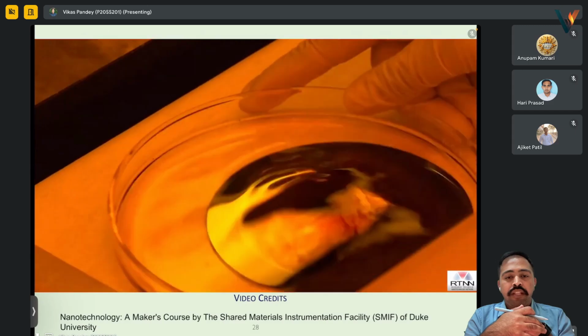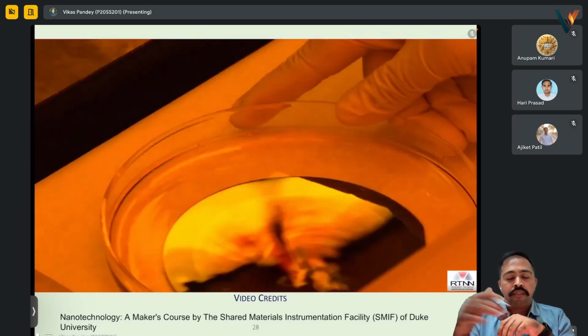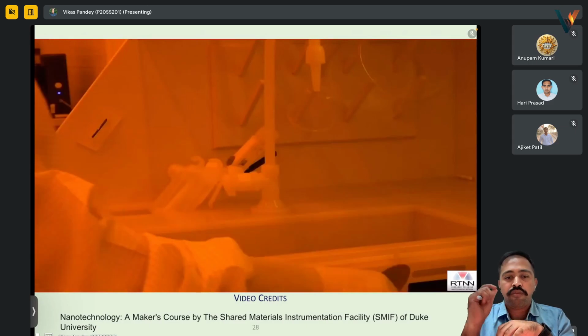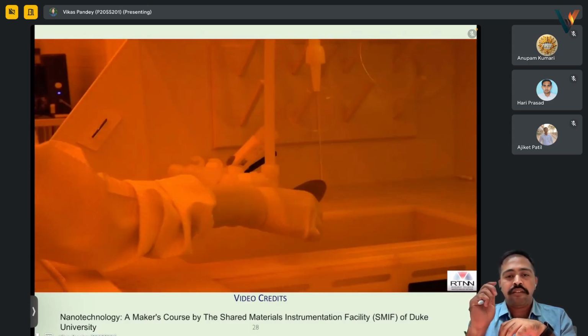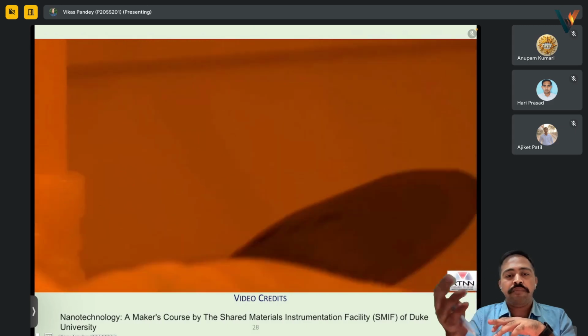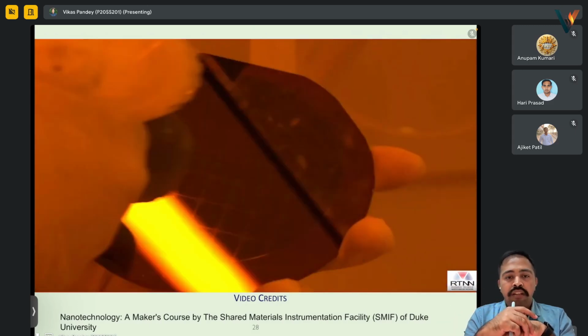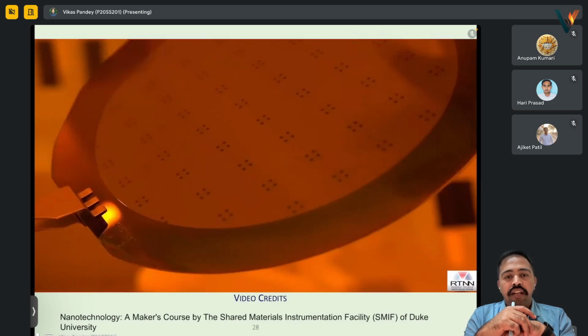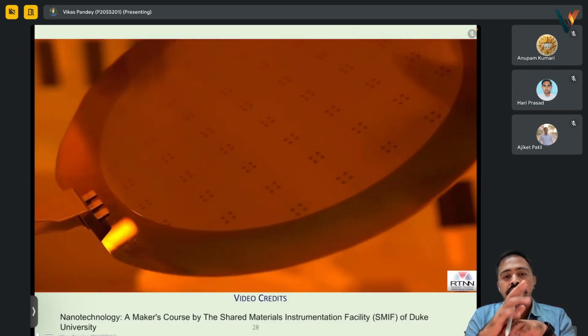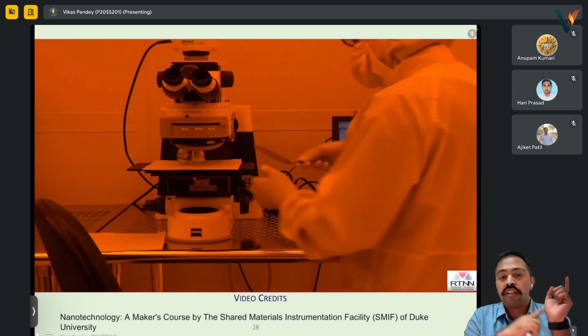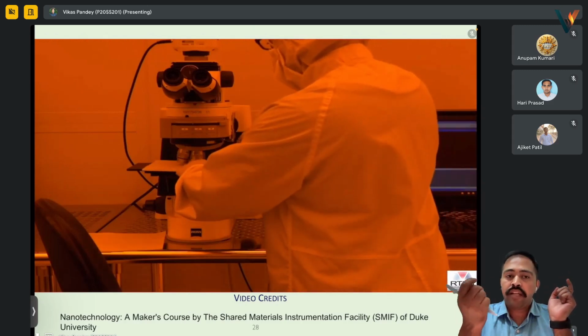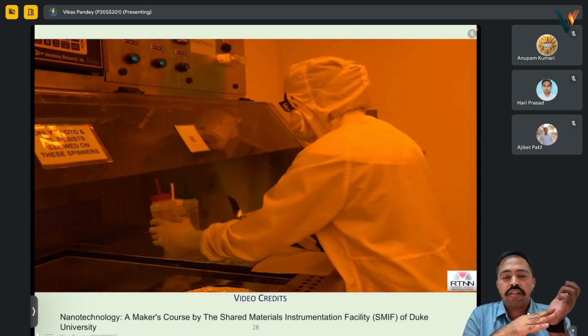Just shake it. All other areas dissolve, only the pattern that was to be there will come. It has to be cleaned and dried, and you see the patterns have emerged. But still the complete gold is there. Then it is checked whether the patterns are there or not.